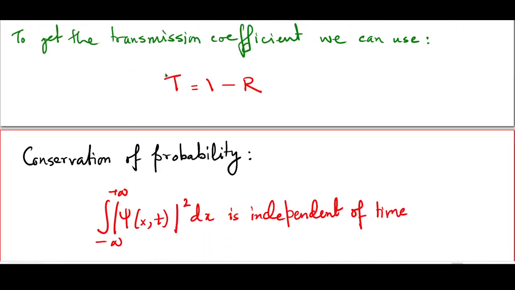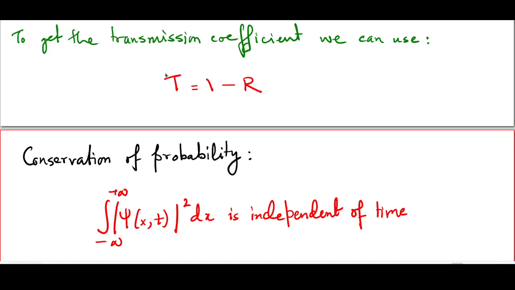The argument for that is based on a very simple property of quantum mechanics, the conservation of probability. If you are dealing with a Hermitian Hamiltonian, that is, a potential energy term which is real, the integral of psi mod square over all space is independent of time.